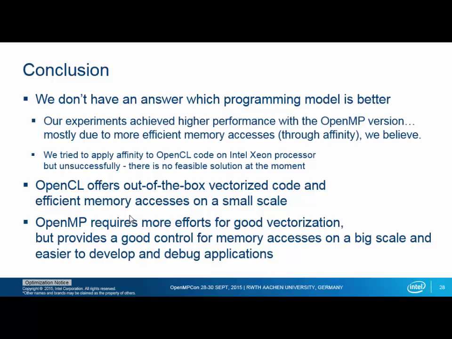While in OpenMP cases, developers sometimes forget about these factors and just apply pragmas to the initial serial implementation. But if you are smart enough and keep these factors in mind, you can achieve the same vectorization and data locality. And from our point of view, OpenMP is much easier to debug and to catch the bugs in your implementation.